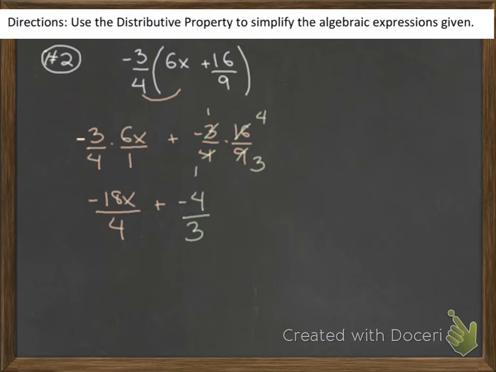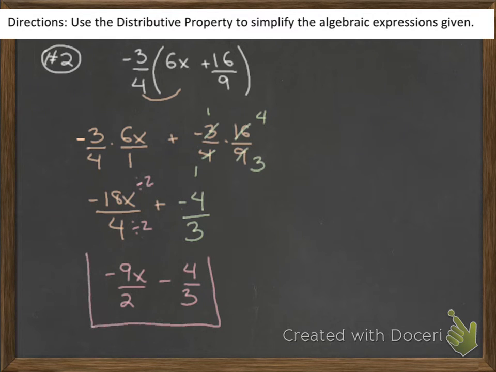Notice I did not follow that procedure on the left-hand side, so negative 18 over 4 can actually be reduced. What I need to do is divide both 18 and 4 by 2. When I do that, that gives me negative 9x over 2, and then I have either plus negative 4/3, or you could write it more simply as minus 4/3.